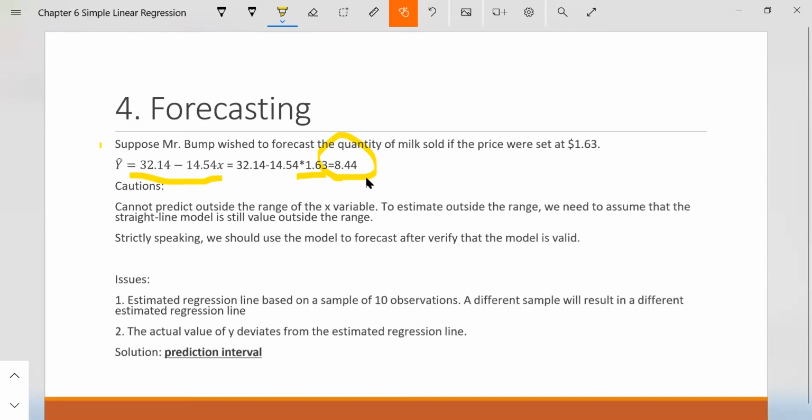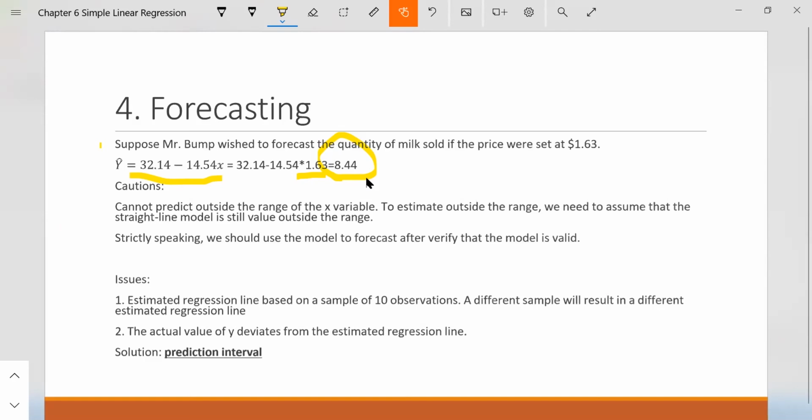The question is, if this happens in the real world and Mr. Bump really set the price at $1.63, should he expect his sales to be exactly 8,440 gallons? Of course, the answer is no. You know that, right? Our prediction is just providing a reference point. You can't guarantee the actual sale will be exactly that number.